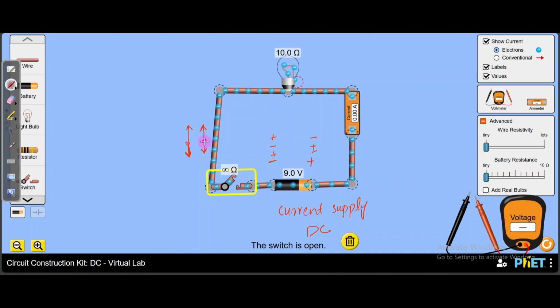It will vibrate about its mean position. At the mean position its magnitude is 0, at this position its magnitude is more, at this position higher, and at this position its magnitude becomes maximum.